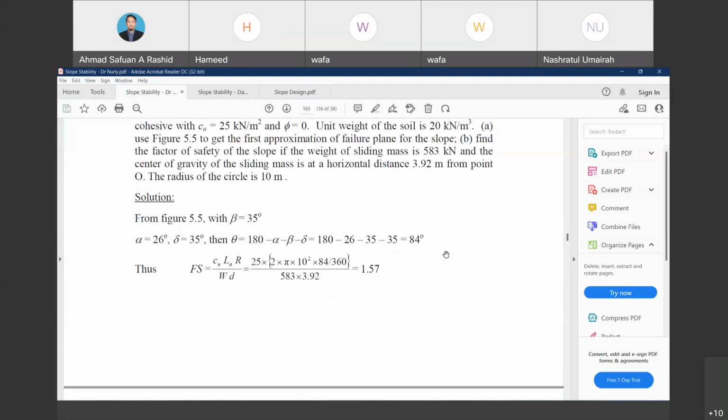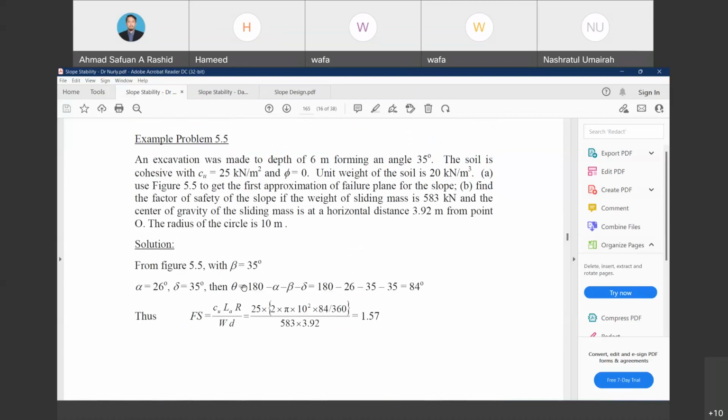So we assume the theta is equal to 84. Then from there we may calculate the factor of safety, where Cu is 25, La, which is the length, R times theta. In this case theta is equal to 84, while the R is equal to 10.